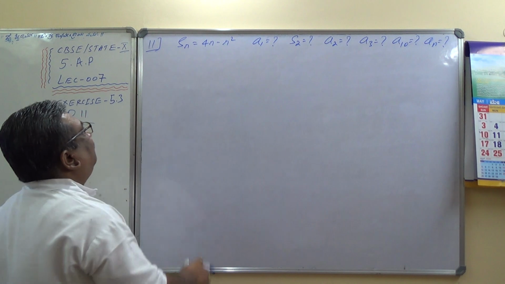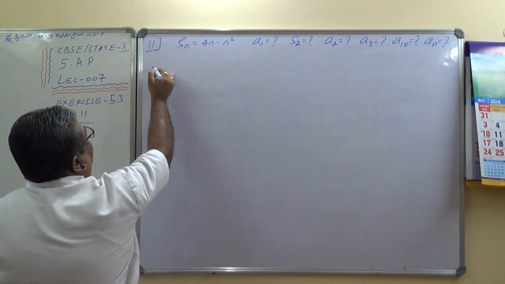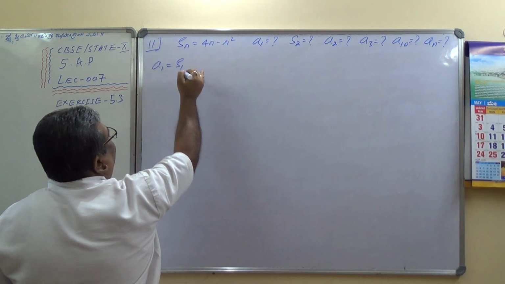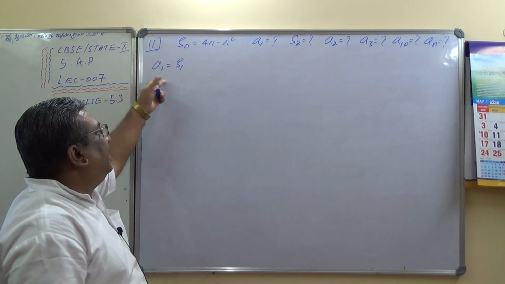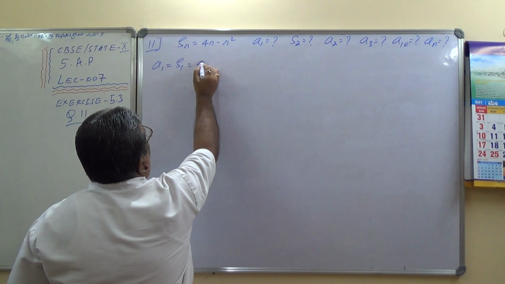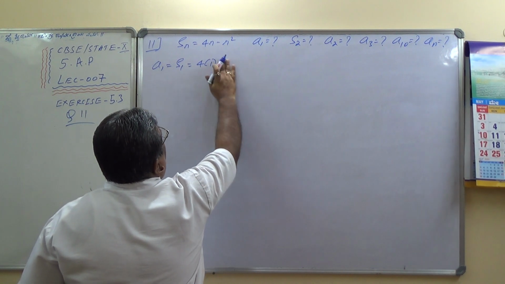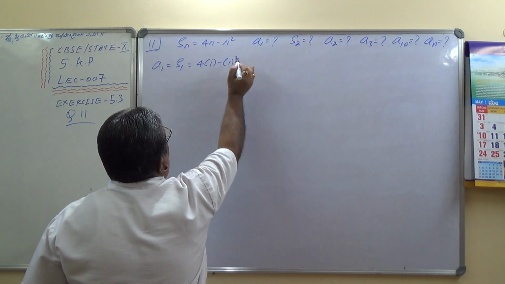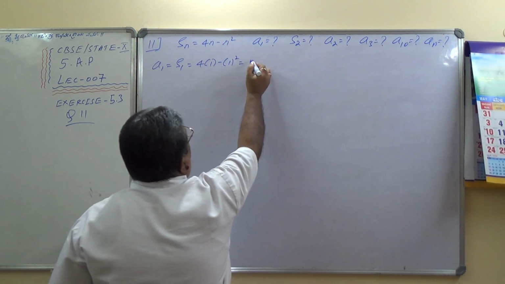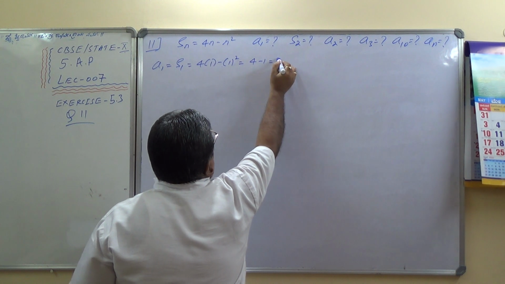Okay, let's see now. First one, A1. A1 equals S1 only. Sum of first term is nothing but the first term itself, A or A1 both. So which is equal to 4 times 1 minus 1 the whole square, which equals 4 minus 1, which is 3.